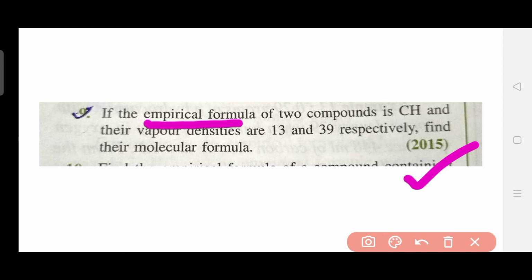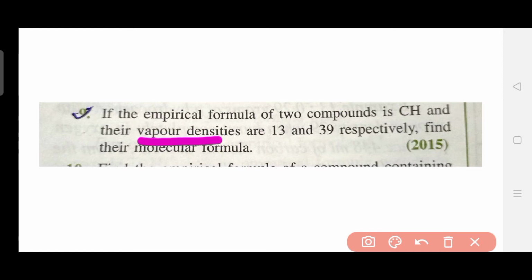So two compounds can have the same empirical formula. Now you have only been provided with their vapor densities, that is, the first compound's vapor density is 13 while the other compound's vapor density is 39. Then you need to find their respective molecular formulas. This is also an important question, so do practice it.